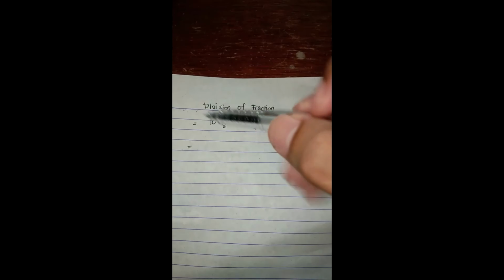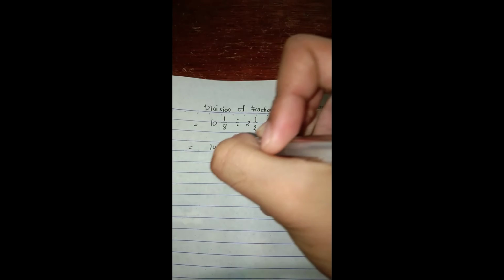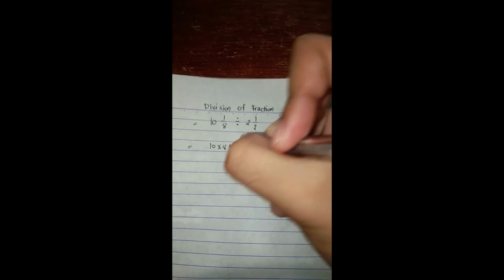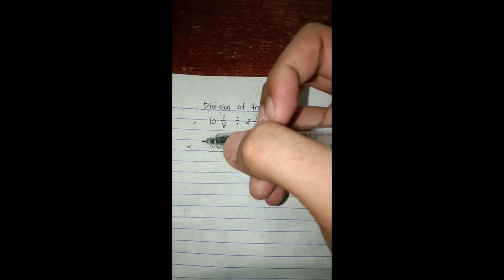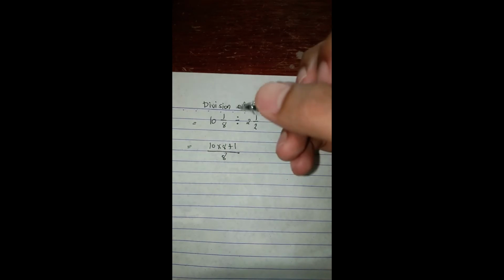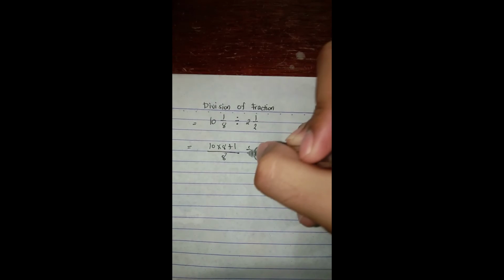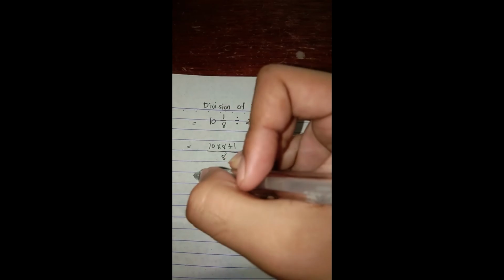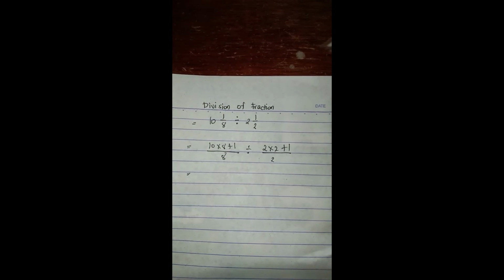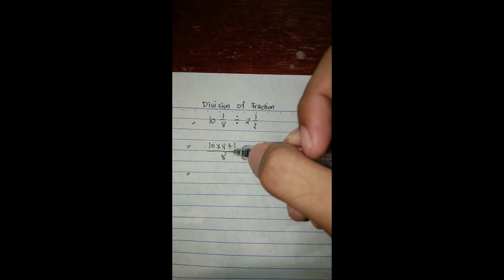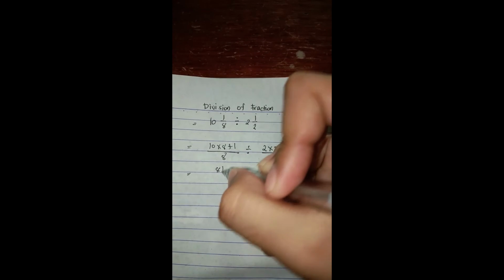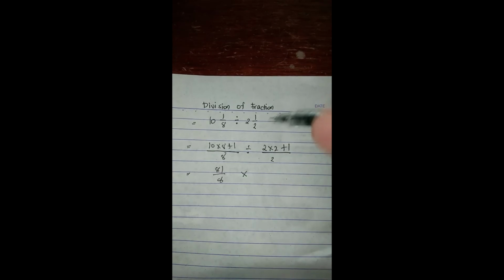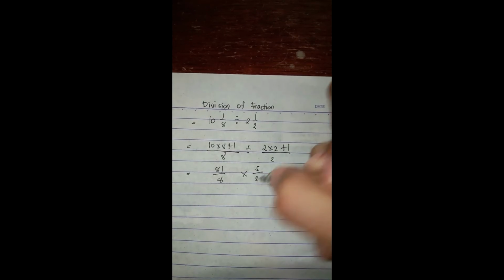So, 10 times 8 plus 1 over 8. Divide by 2 times 2 plus 1 over 2. Then, pag nakuha na natin yung answer, so 10 times 8, we have here 80 plus 1 is equals to 81 over 8 multiply by 2 times 2 is equals to 4 plus 1 is equals to 5 over 2.